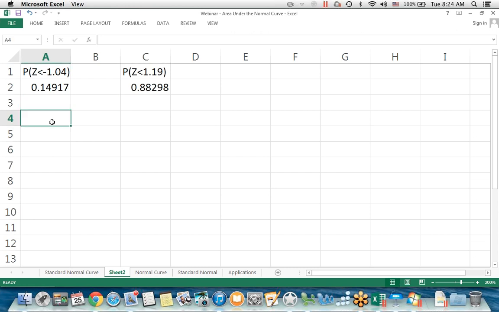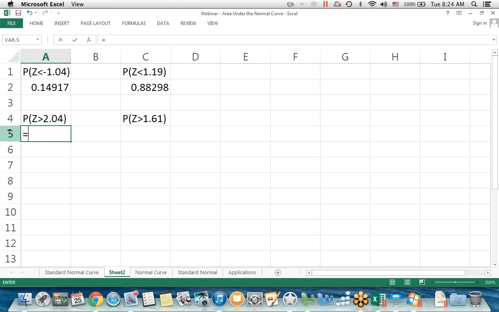So problems 3 and 4 are asking essentially the probability that z is greater than 2.04 and the probability that z is greater than 1.61.